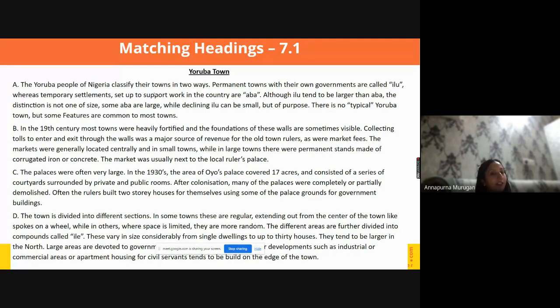So the first sentence is trying to say that. What is the last sentence trying to say? There is no typical Yoruba town, but some features are common to most towns. They are classifying the towns into two types, and we don't have any particular feature, but they have common features for most towns.